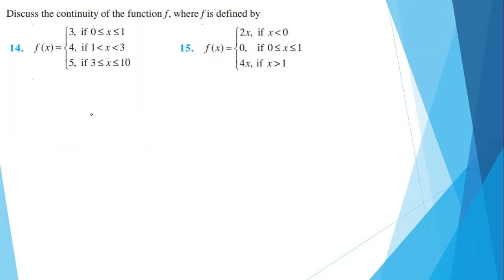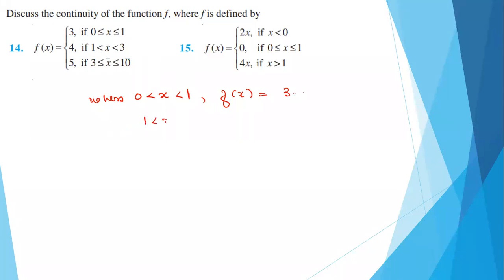Yes. So you can write like this. When x is between 0 and 1, what is f of x? F of x is 3 and 3 is a constant, correct?